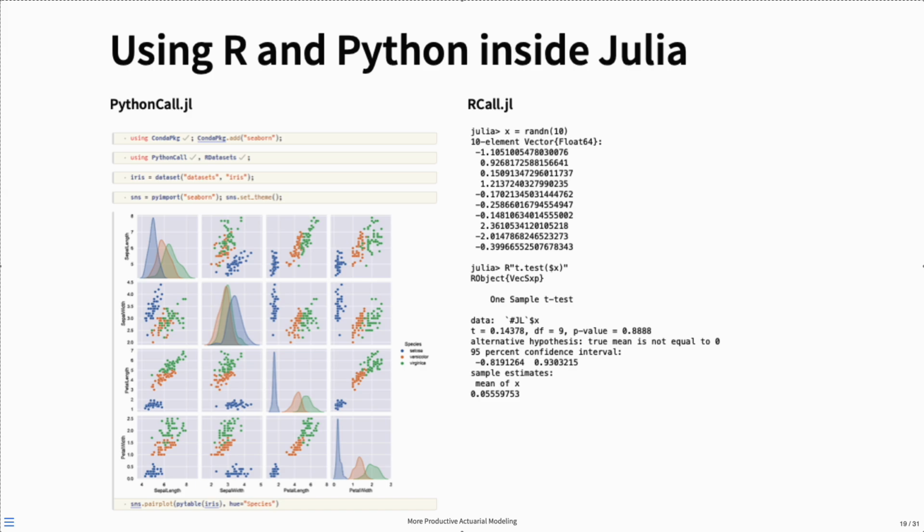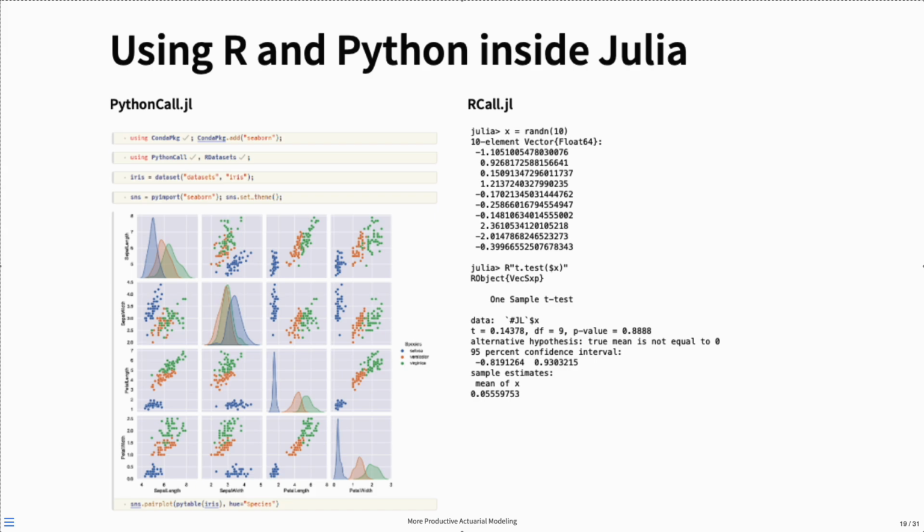And it's literally as simple as, in this example, using PythonCall and then using the Conda package if you want to install dependencies from Python. And RCall is similar, where you just use RCall and are able to install dependency libraries.